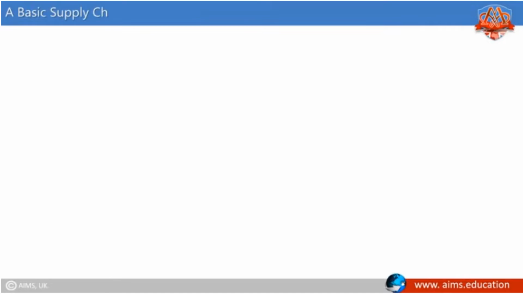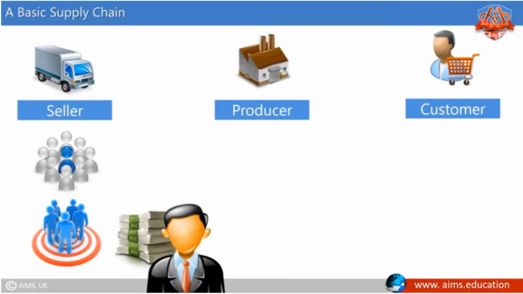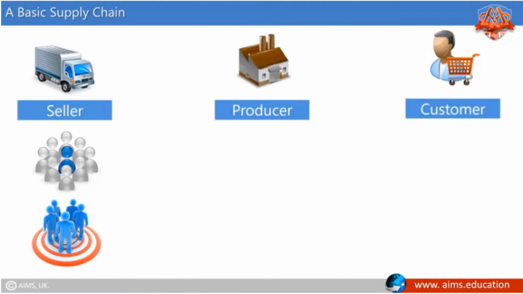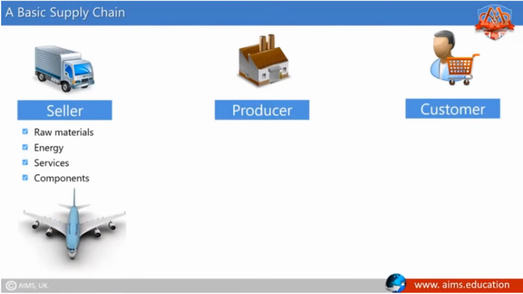A basic supply chain in this figure is made up of these entities. Seller is a supplier who provides goods and services, or a person or organization with whom the buyer does business. The generic term in the marketplace is seller. Supplier provides materials, energy, services, or components for a product or service, such as plastic, fabric, electric wiring, or aircraft.